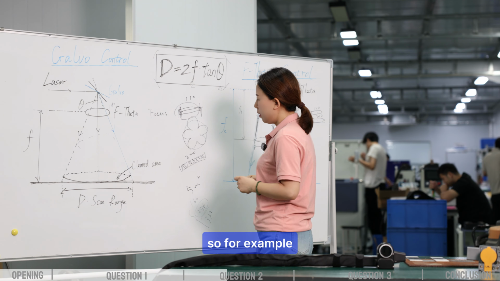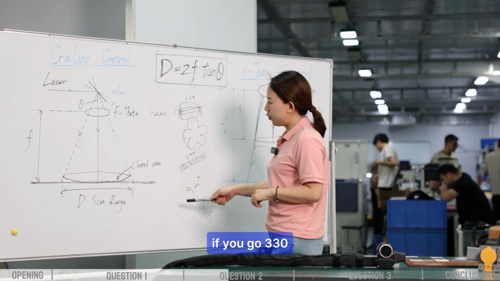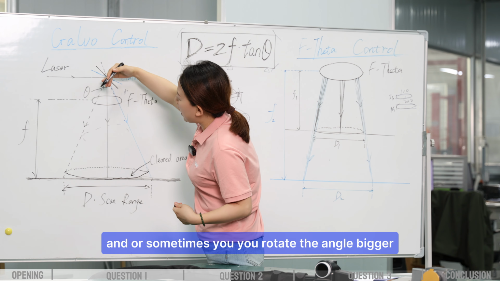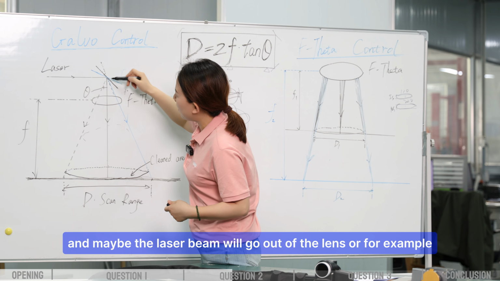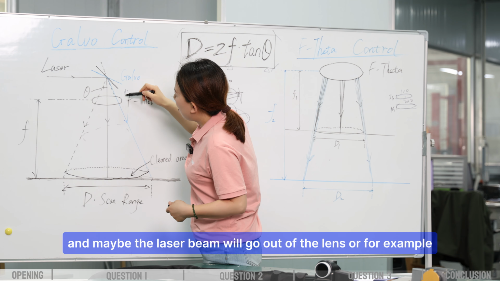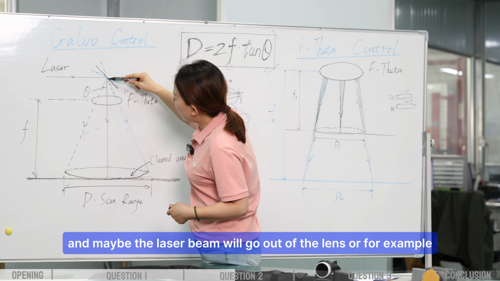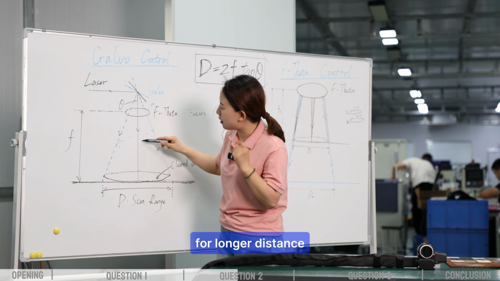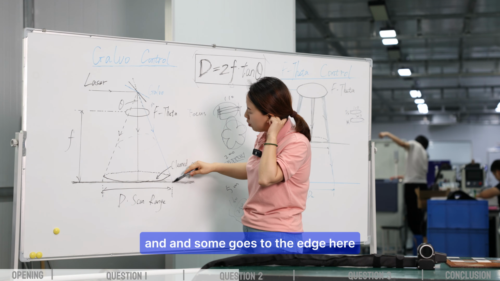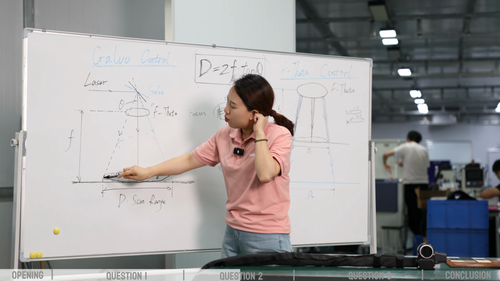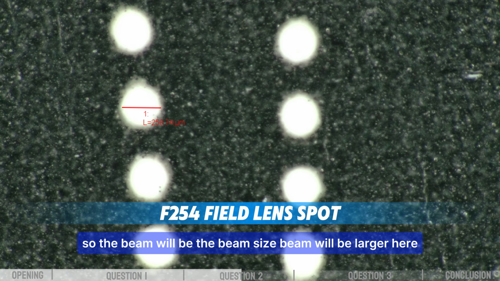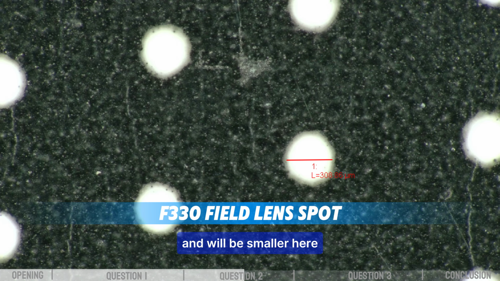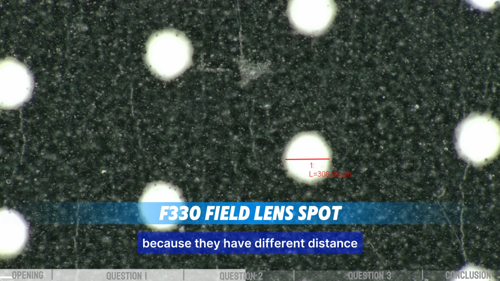But for example, if you go to 330 or rotate the angle bigger, maybe the laser beam will go out of the lens. Or you will see the laser transmitted in the air for a longer distance, and some goes to the edge here. So the beam will be larger here and smaller here because they have different distances.